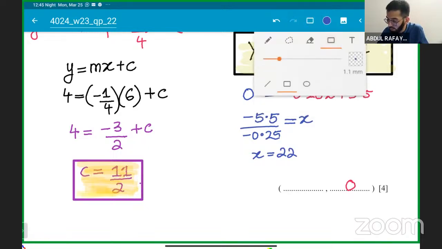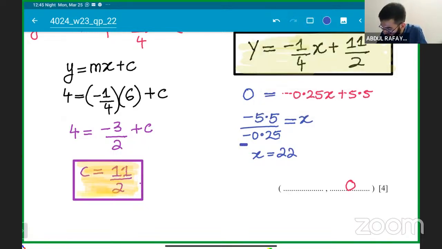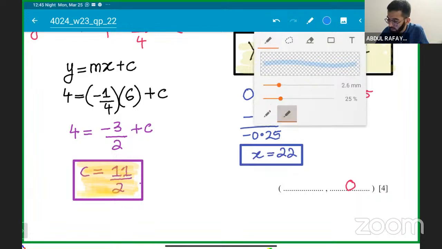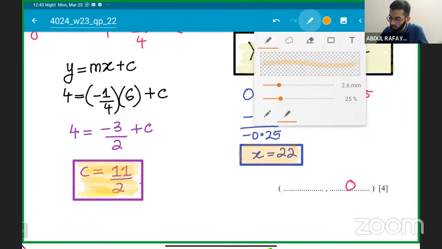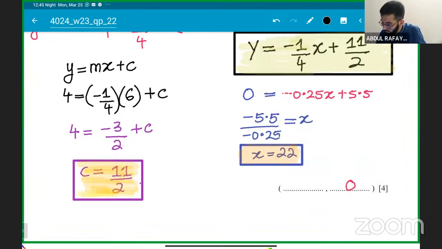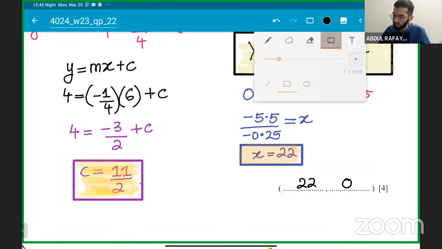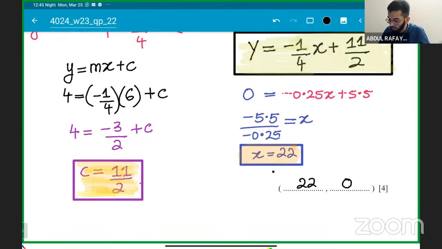So we are getting x = 22, so the coordinates are (22, 0), and that gets 4 marks as well, okay.